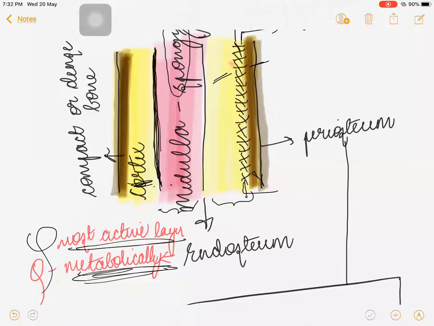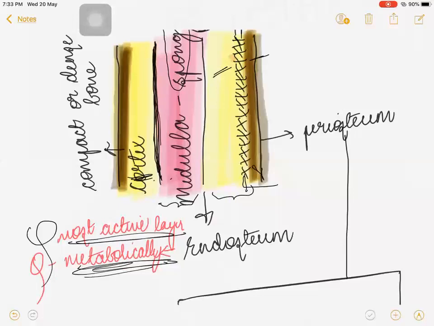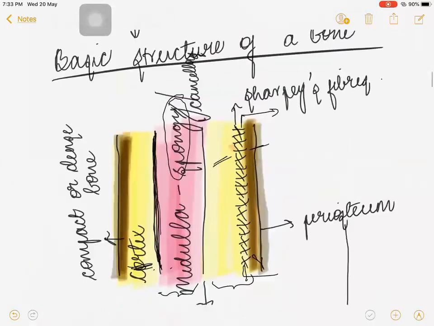Yeah, you'll be having osteocytes everywhere in the bone. Then where are the cells? I'll get to that in more detail. So till now, whatever I've explained, if you've been able to understand, that should be enough for now. This is the basic. We build up our concepts on this. You guys got it? Yep.